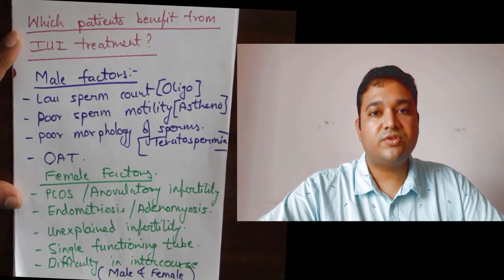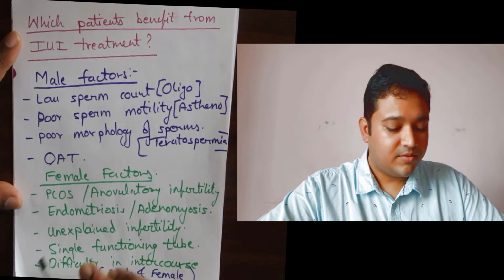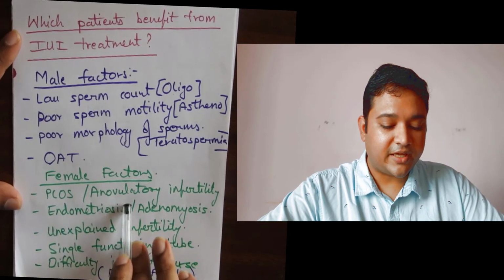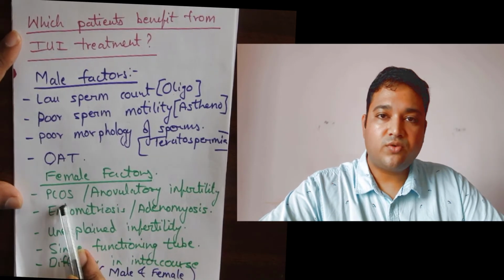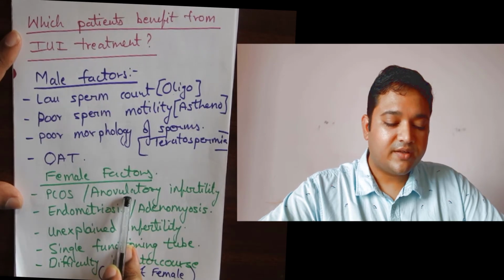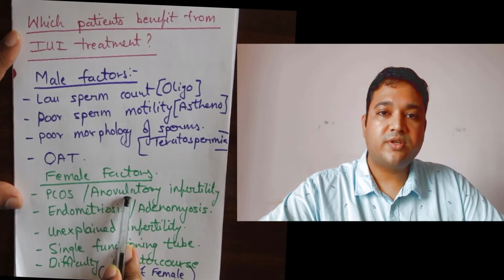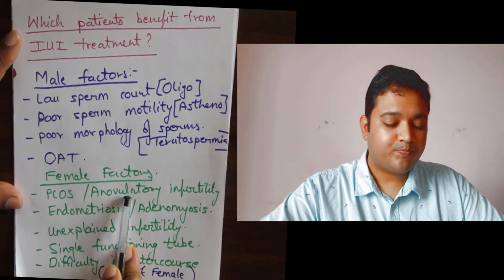IUI may often be used in cases of female infertility. Some of these cases are polycystic ovaries and anovulatory infertility. Often in cases of polycystic ovary and anovulatory infertility, the problem is that the woman is not able to produce her eggs or follicles in good quantity or quality.